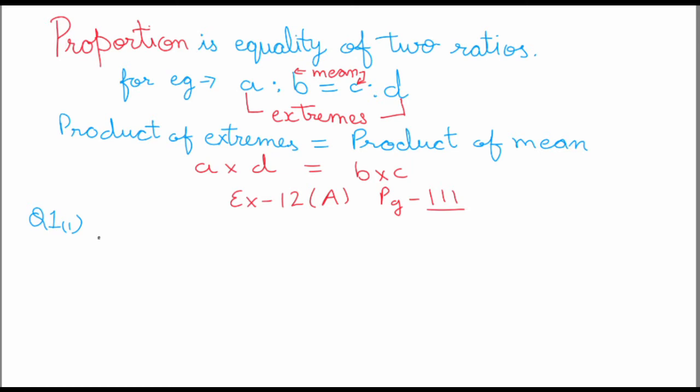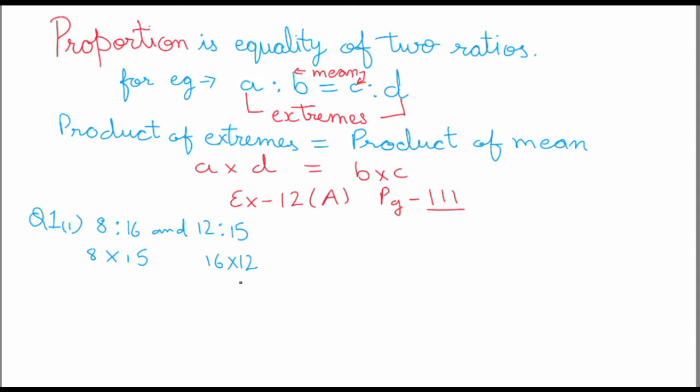The two ratios given to us are 8 is to 16 and 12 is to 15. If the product of the extremes, that is 8 multiplied with 15, is equal to the product of the means, that is 16 multiplied with 12, then we say that they are in the proportion.